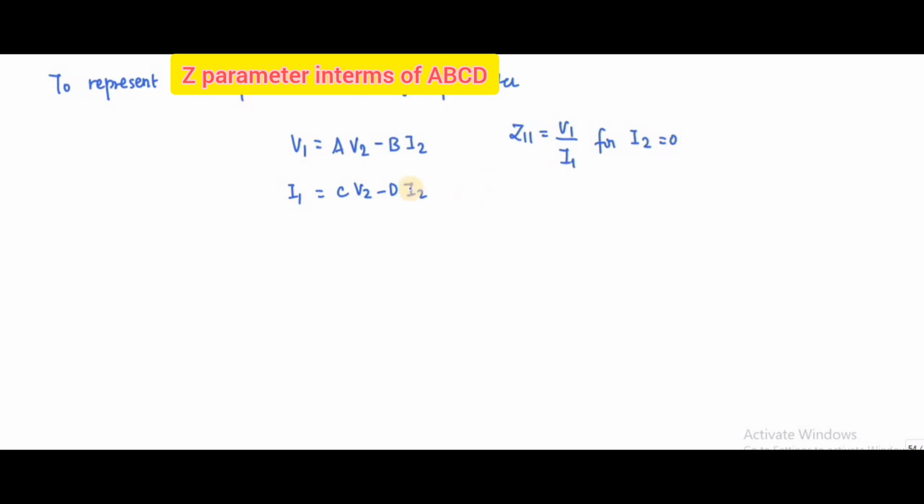So these two are the first equations. We'll get I1 is equal to CV2 and V1 is equal to AV2. So what is V1 by I1? V1 by I1 is equal to A by C. Okay, that is nothing but Z11.